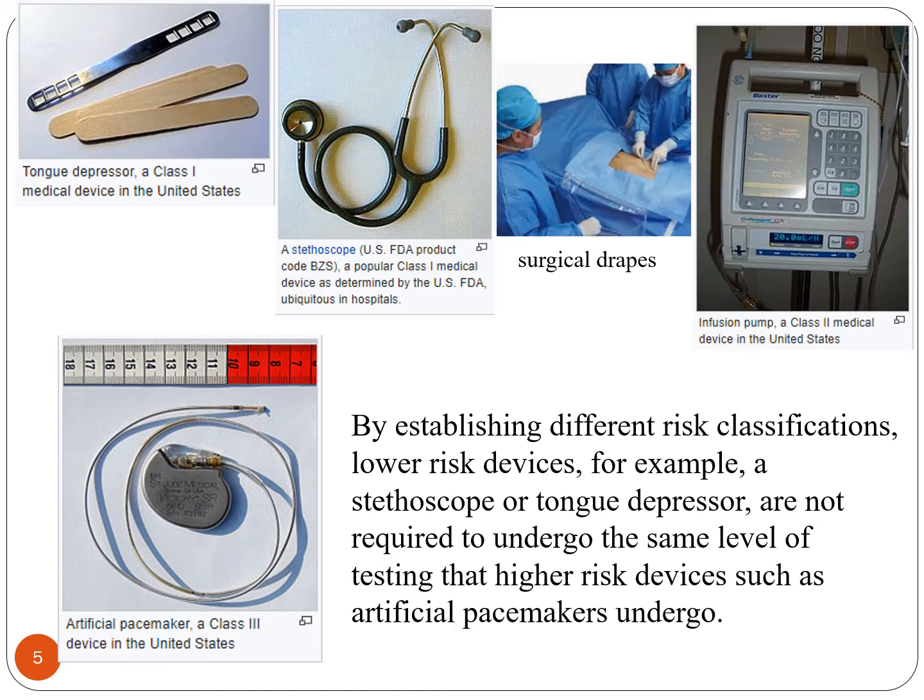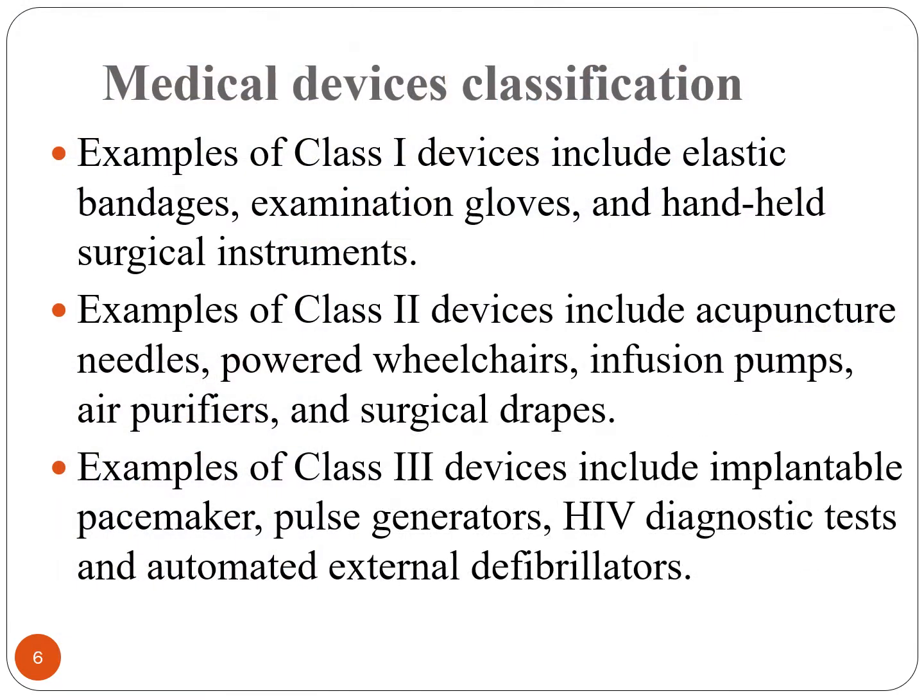So to approve these medical devices, there is more restricted testing to approve class 3, because of their potential for harm or risk if they are misused, or if there is some problem related to these medical devices. These are examples of different classes of medical devices. Class 1 devices include elastic bandages, examination gloves, and handheld surgical instruments.